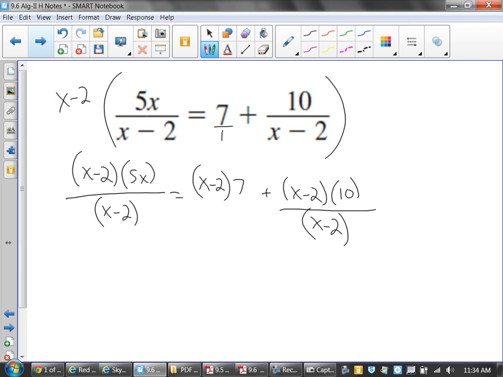And if you don't want to show that step that I just did, that's fine. What's going to drop out? X minus 2 drops here, so I have 5x equals 7x minus 14 plus 10.